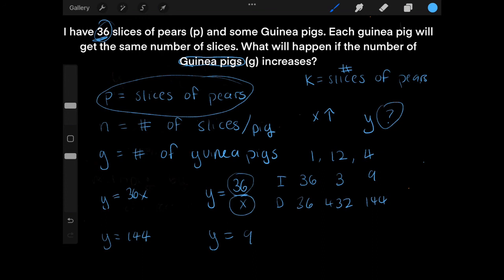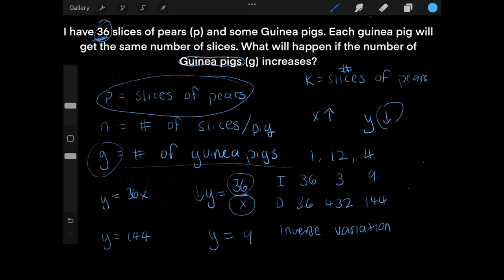And therefore, the number of slices per guinea pig will go down. So as x goes up, y goes down. And this is a problem to do with inverse variation. So we've determined that this problem has to do with inverse variation.